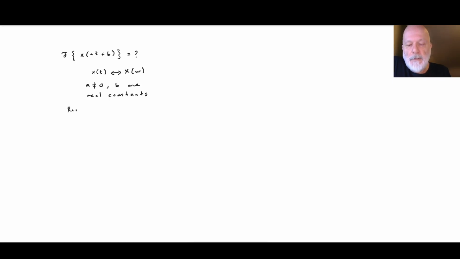So, remember the scaling property of Fourier transform, which is the following.